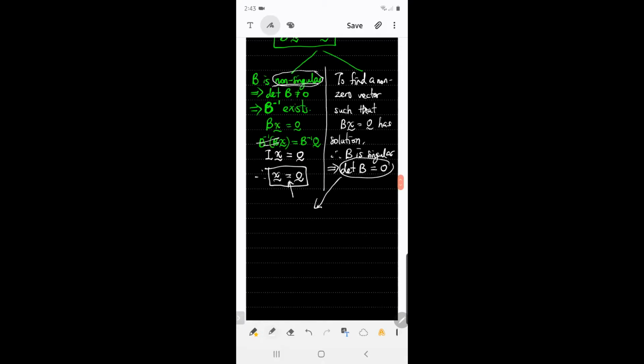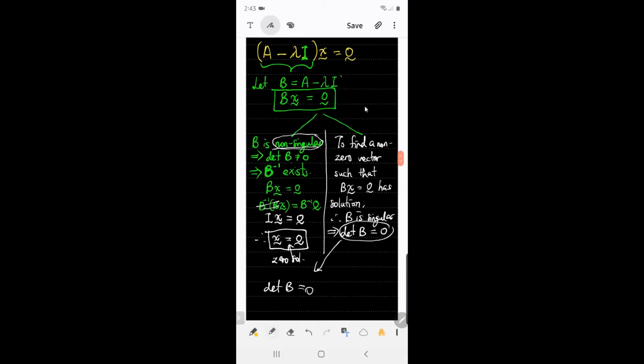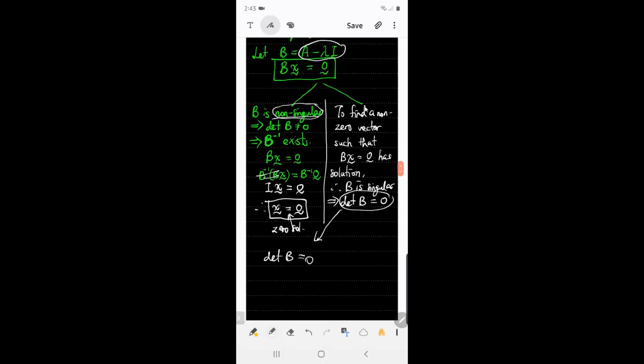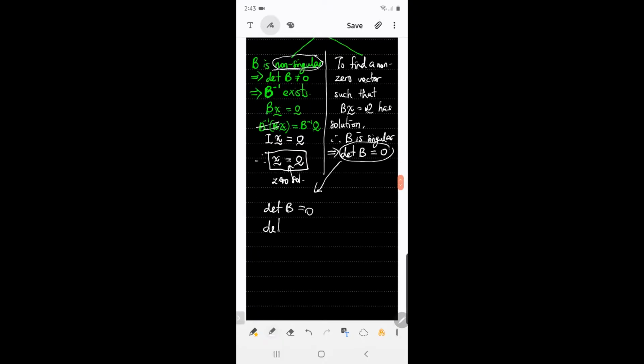This is the 0 solution. So when I say the determinant of B is equal to 0, I know that B is actually A minus lambda I. Therefore, I must now set the determinant of A minus lambda I equals to 0.